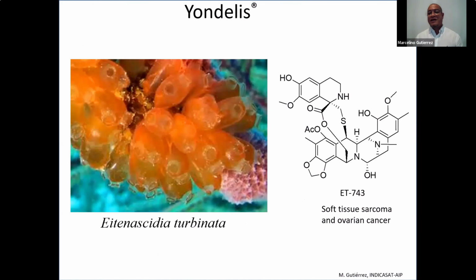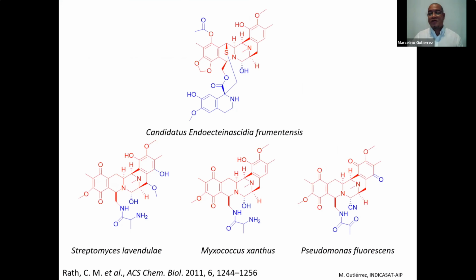Also in the case of Yondelis, trabectedin, that was first isolated from a tunicate and is used to treat soft tissue sarcoma and ovarian cancer, these compounds also have a nucleus that is very similar to some bacterial metabolites.